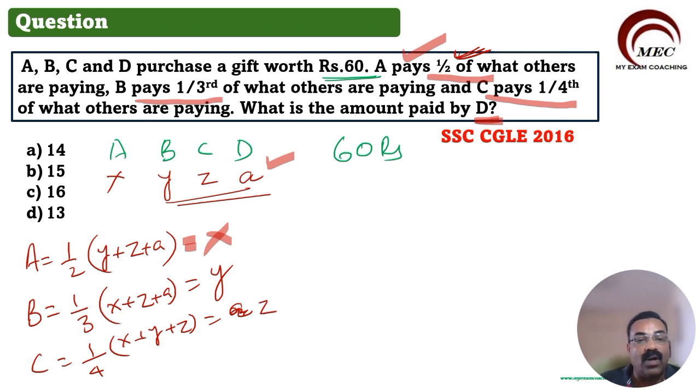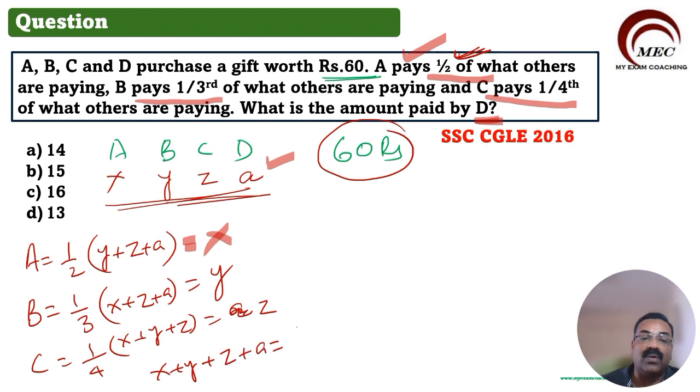So we got what X is, what Y is, and what Z is. And we also know the total, all this put together: 60 rupees. So X plus Y plus Z plus A, total will become 60 rupees.